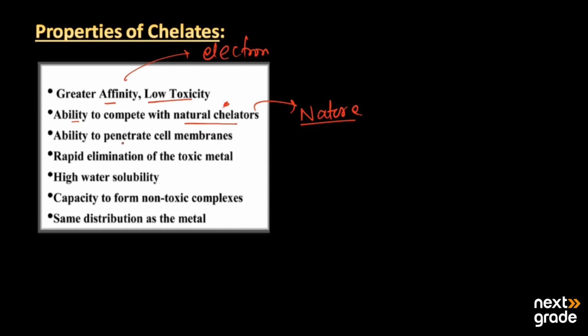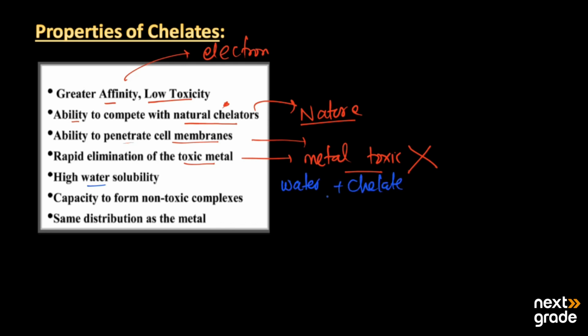They have the ability to penetrate the cell membrane, which is the outermost membrane of the cell. They have rapid elimination of toxic metals if they come in contact with them. They have high water solubility, so when we have water and chelates, they dissolve into one another.